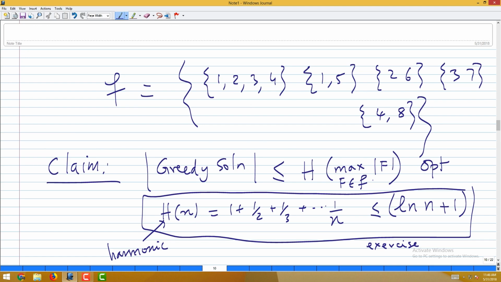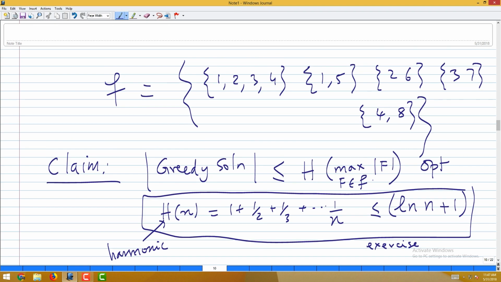If the graph is cubic, max degree is 3, and if I model it as a set cover, we already saw you can model it as a set cover. You want to cover all the edges, that is the universe, and each set would be the set of edges incident on that vertex. So, if I apply the greedy algorithm and apply this analysis, what would be the approximation ratio?